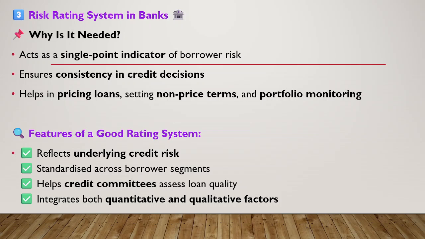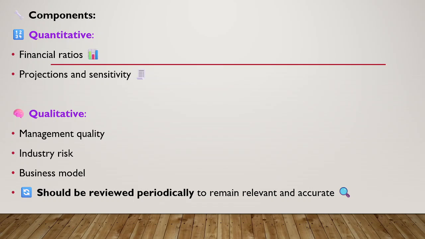Let's break that down. Quantitative inputs include financial ratios, historical performance, future projections, and sensitivity to shocks. Qualitative inputs include management quality, industry trends, and business model viability. Together, these form a borrower's risk score or grade.